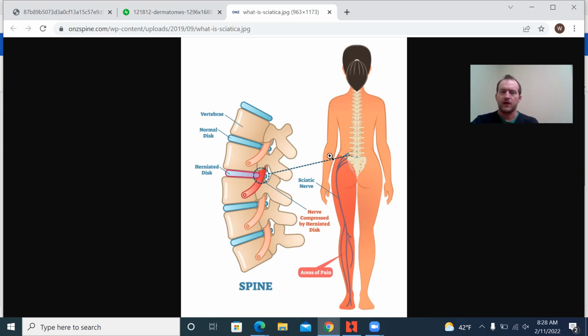But essentially what's happened is when you have a radiculopathy, if you can look here at these individual vertebra, these are the different spinal levels. And this spaghetti noodle looking thing coming out the bottoms between these gaps are the nerve roots.